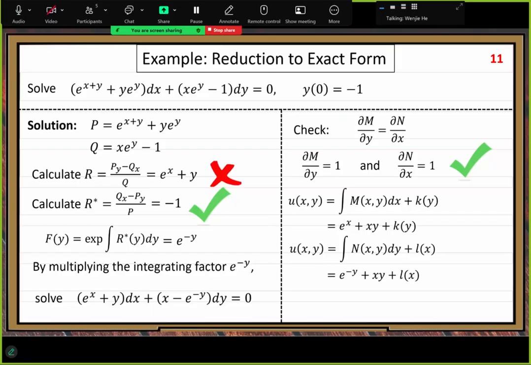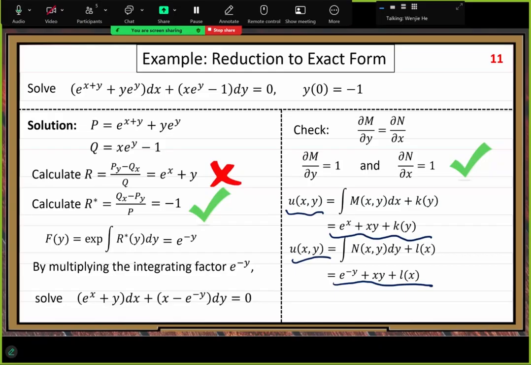In the last 10 minutes of the second video, I said you have a shortcut way to find u. So here u equals the first expression and u equals the second expression. Here there is a shortcut to find the final u.